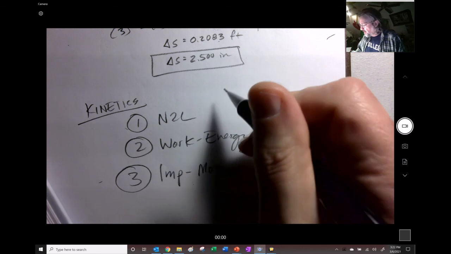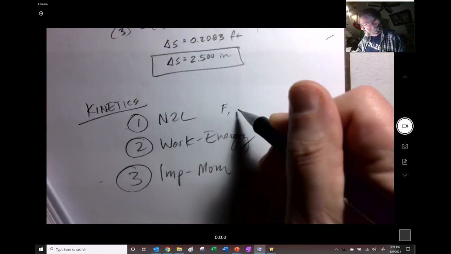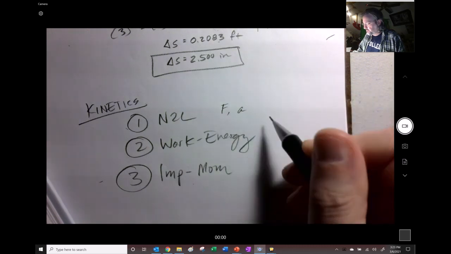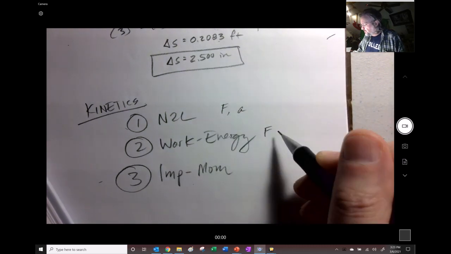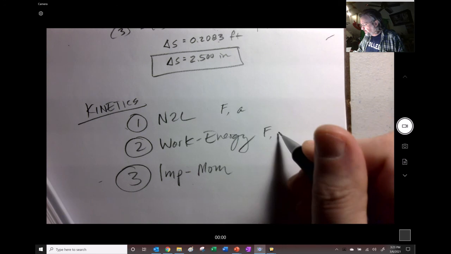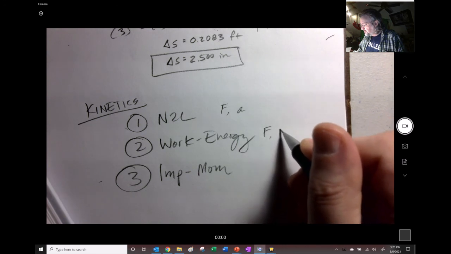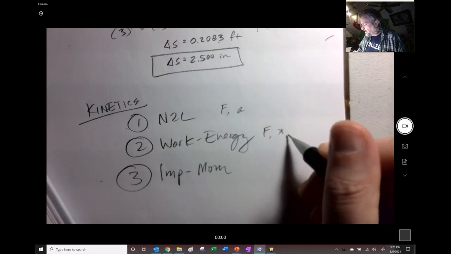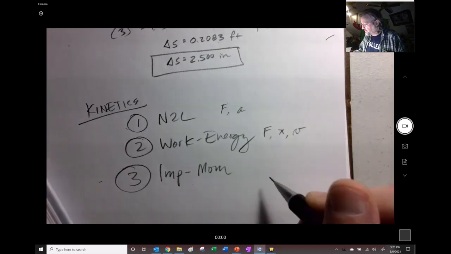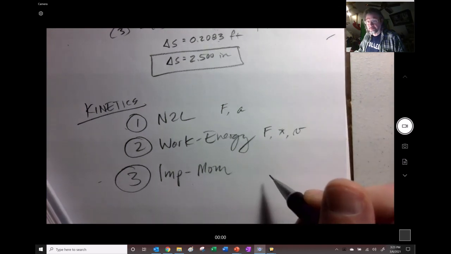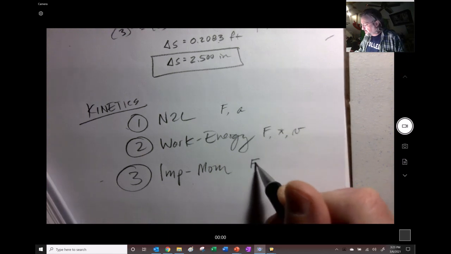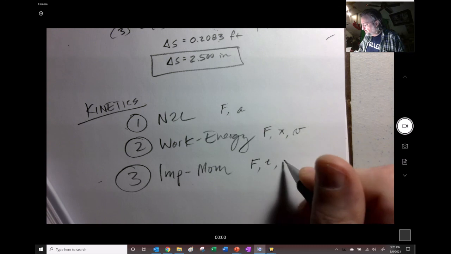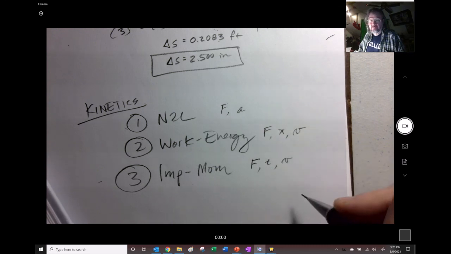In Newton's second law, we deal with forces and accelerations. In work and energy, we deal with forces, we deal with distances, x, and we deal with velocity, right? In impulse, we deal with forces, we deal with time, and we deal with velocities, right?